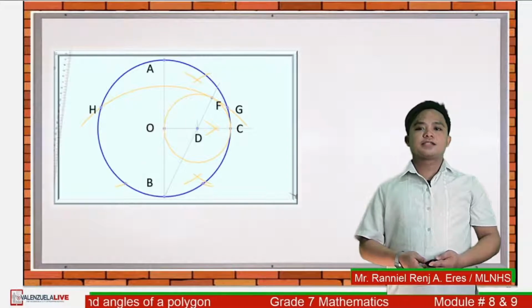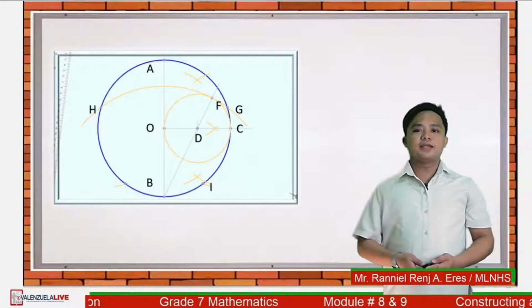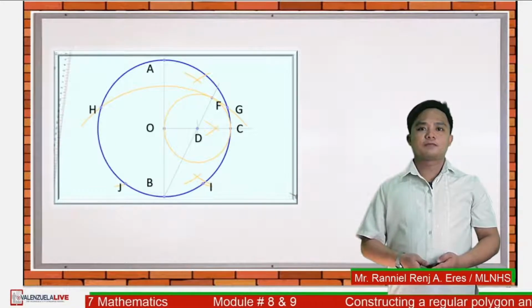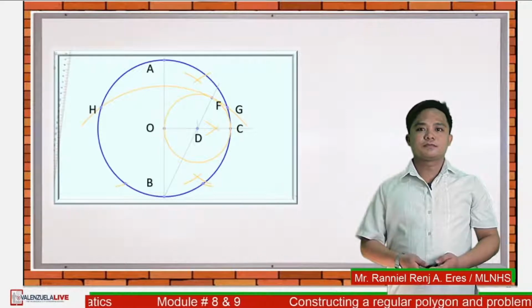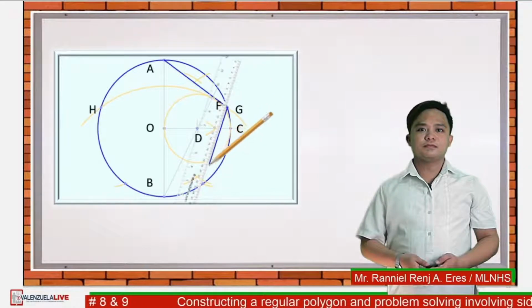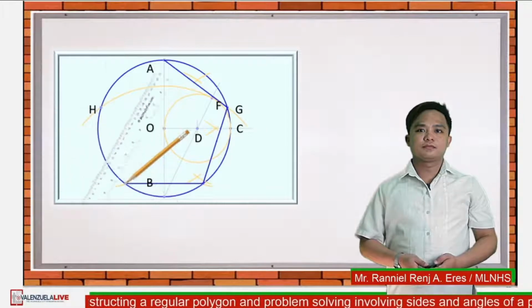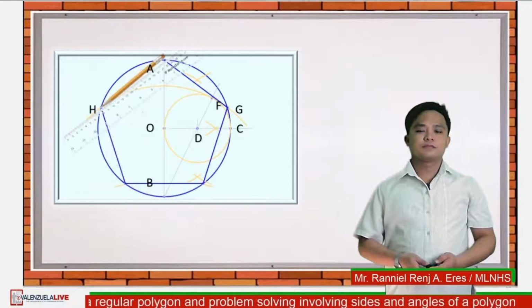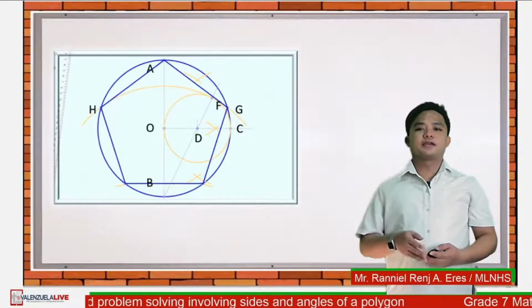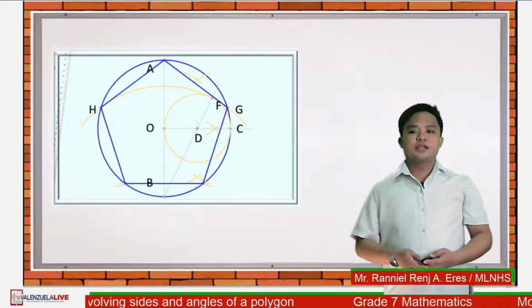Next, draw a line between each point A, G, I, H, and J, and we are done. The result is regular pentagon AGIJH inscribed in the circle.